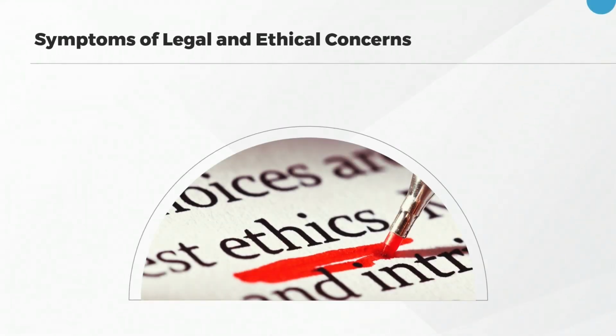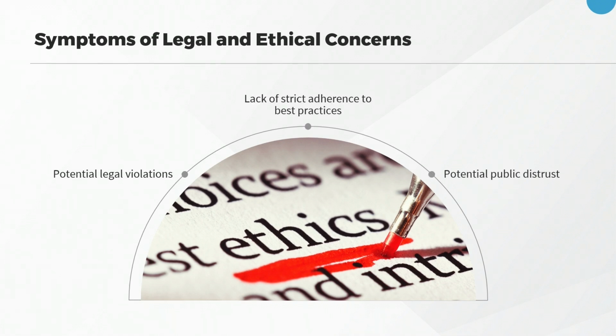Now, legal and ethical concerns surrounding AI can actually manifest through potential legal violations, lack of adherence to best practices, and public distrust in AI systems. The failure to comply with applicable laws, regulations, and standards governing AI usage can expose organizations to legal risks, including fines, lawsuits, and reputational damage.